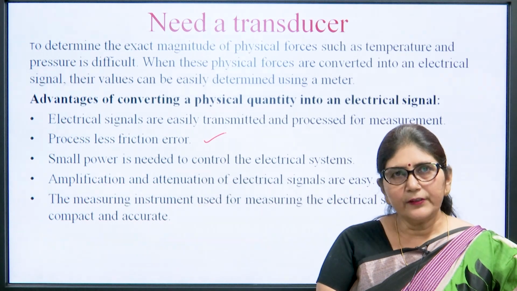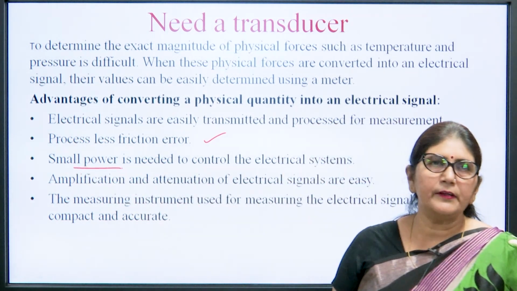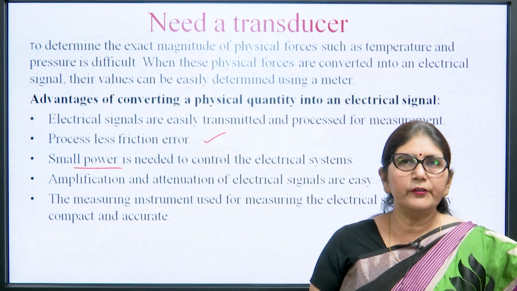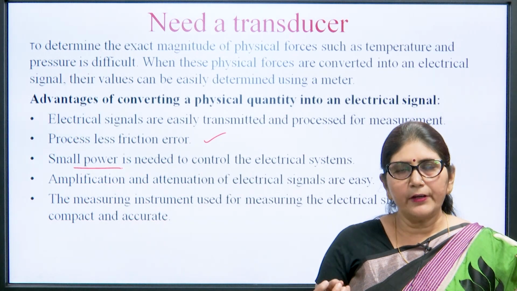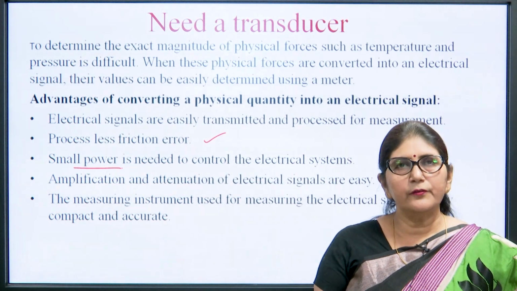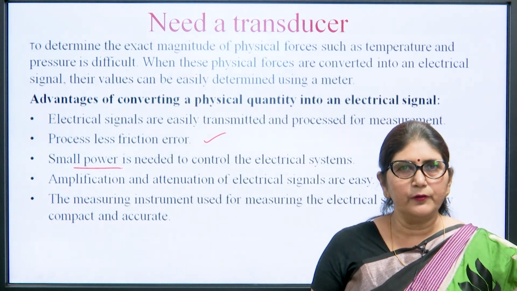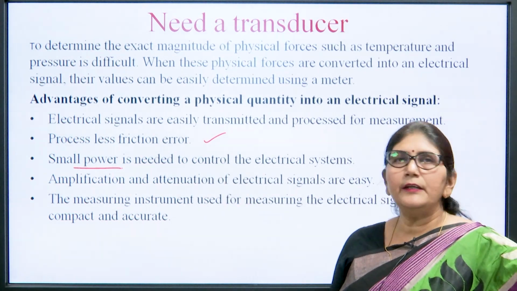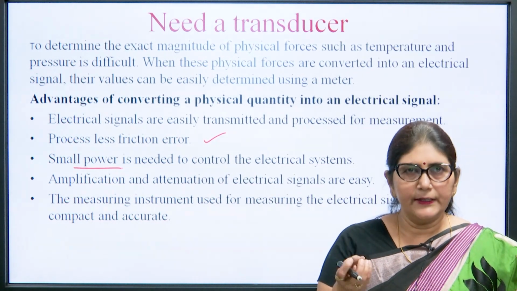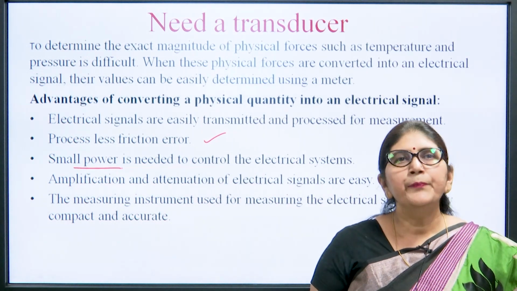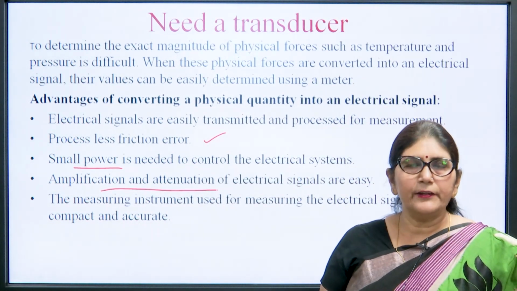Then for the electrical signal we need small power, because generally the signal converted into an electrical signal has a value in microvolts. If we amplify it, it is still less than 5 volts. So small power is needed, and we can easily control the electrical systems. Amplification and attenuation can be done on the electrical signal.